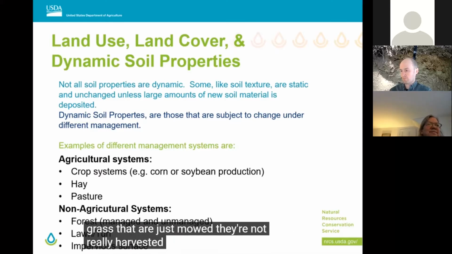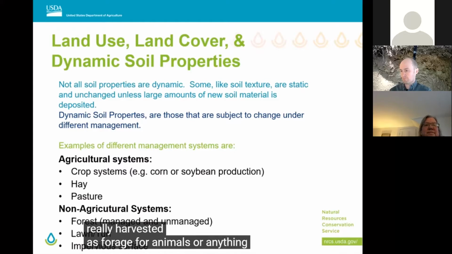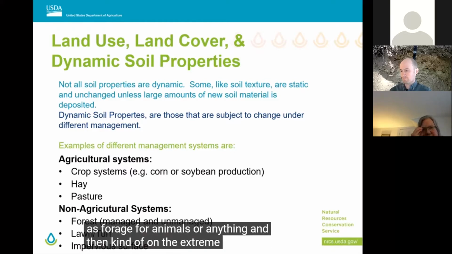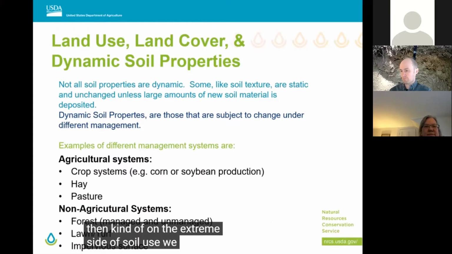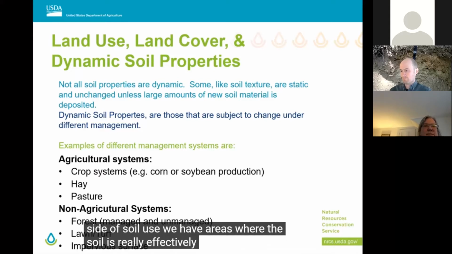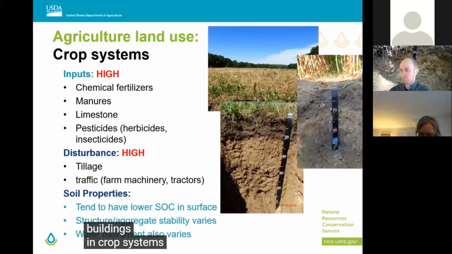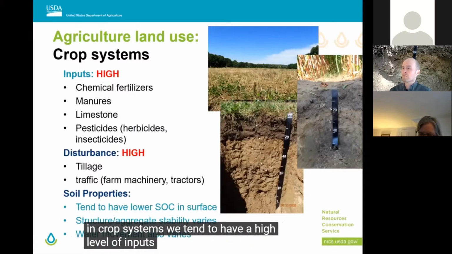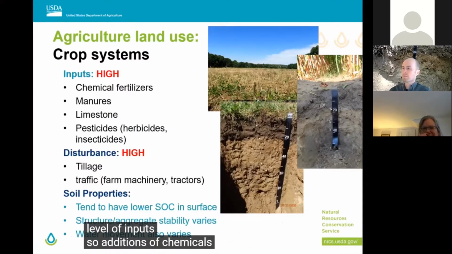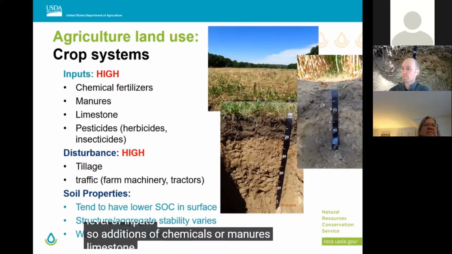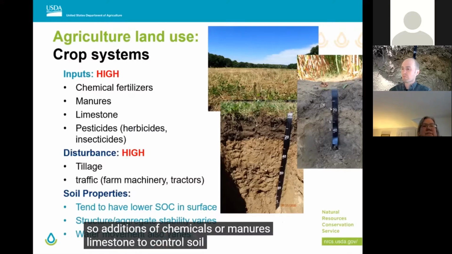They're not really harvested as forage for animals or anything. And then on the extreme side of soil use, we have areas where the soil is effectively sealed under impervious surfaces. So we have a lot of area that's taken up by pavement and buildings. In crop systems, we tend to have a high level of inputs. So additions of chemicals or manures, limestone to control soil pH, and then potentially pesticides.